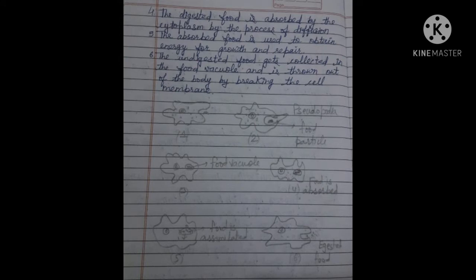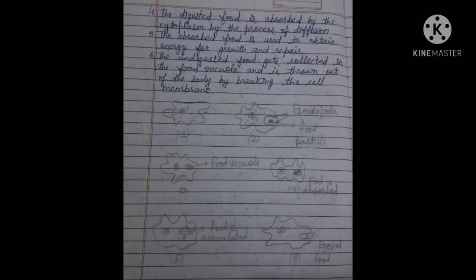Now the next point is the digested food is absorbed by the cytoplasm by the process of diffusion. In amoeba, the absorption is taking place inside the cytoplasm. The digested food moves towards the cytoplasm from the food vacuole.